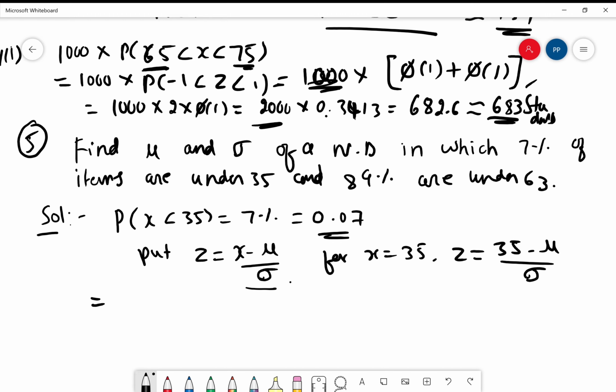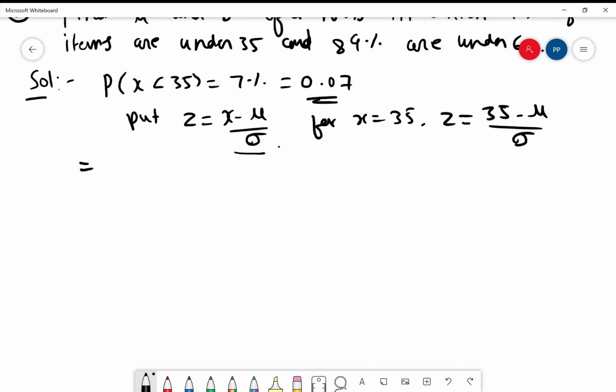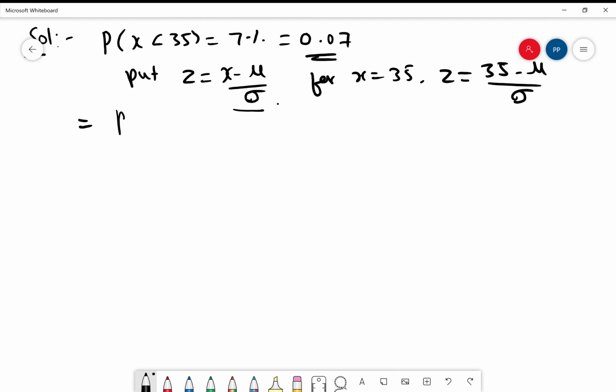Therefore, this becomes P of Z less than (35 minus mu) by sigma, and the value is nothing but 0.07.